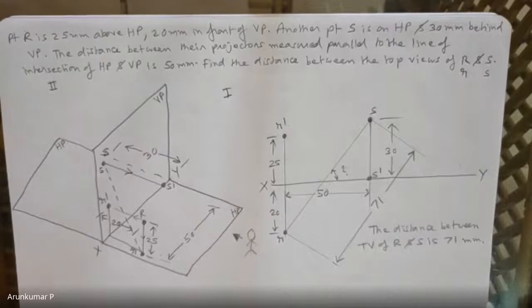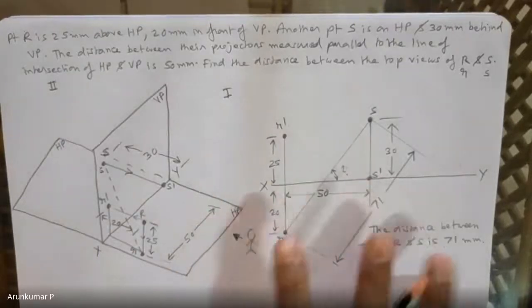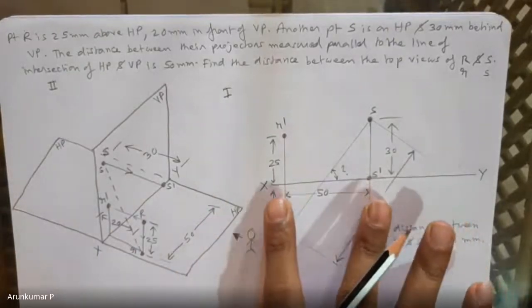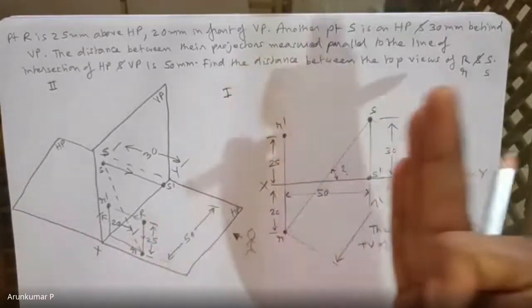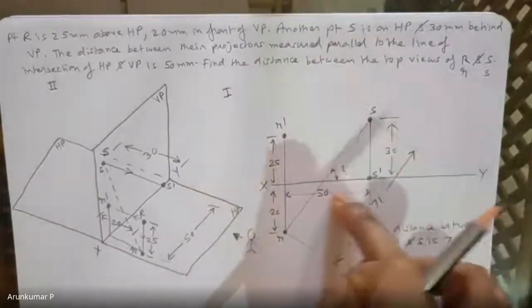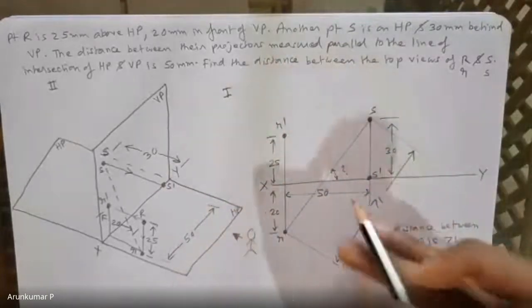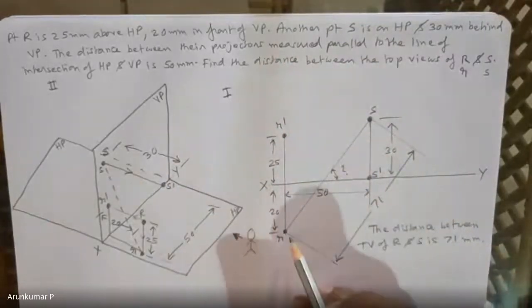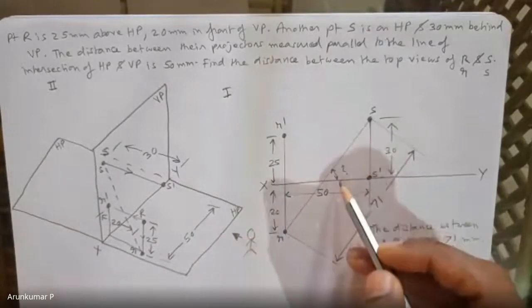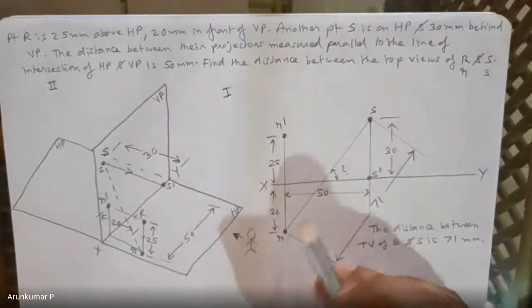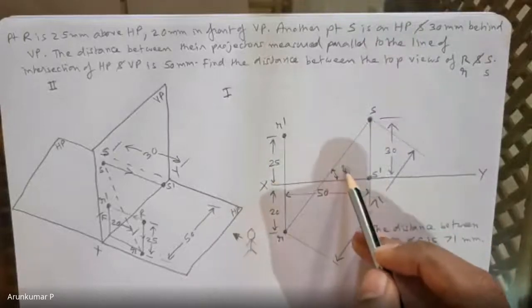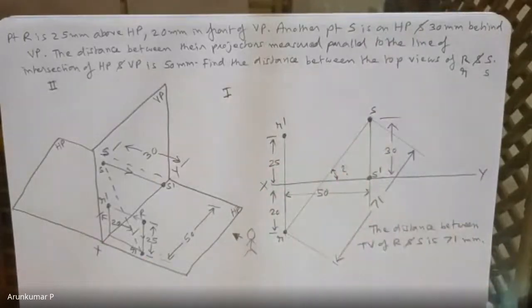That is also possible. Sometimes instead of giving this 50 mm, that is the distance between the projection of R and projection of S, they will not give it. What will be given is this angle. The top view of R and the top view of S are inclined at some 40 degrees. So you have to join R and S at 40 degrees.